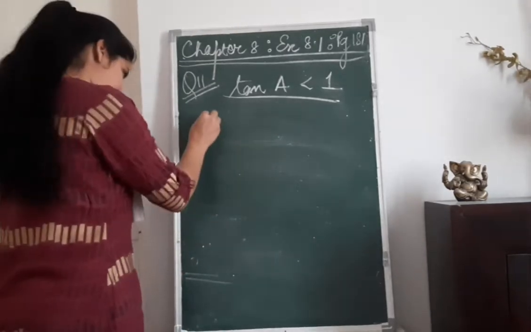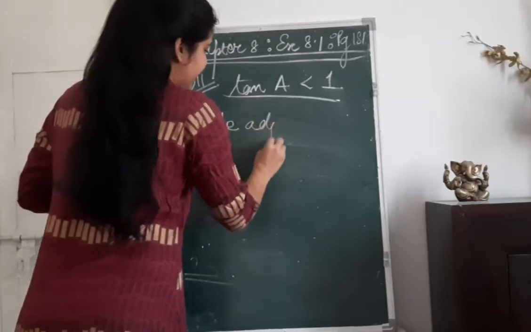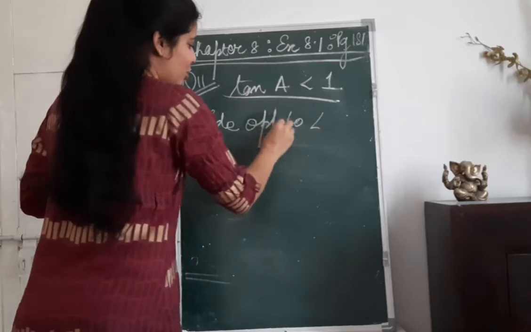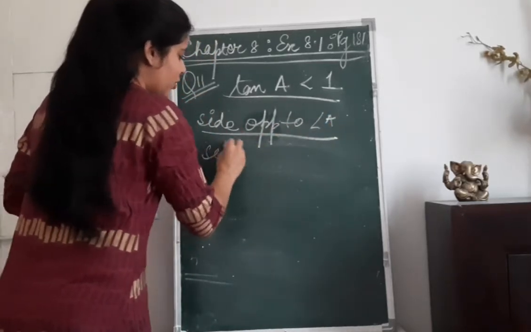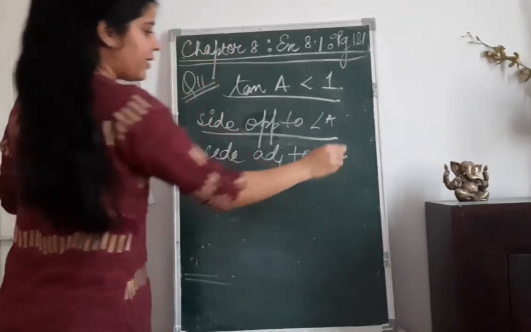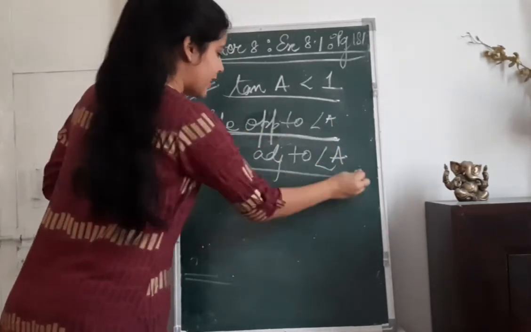See, tan A is equal to what? Side opposite to angle A upon side adjacent to angle A, right?